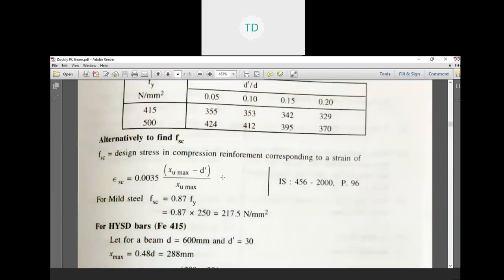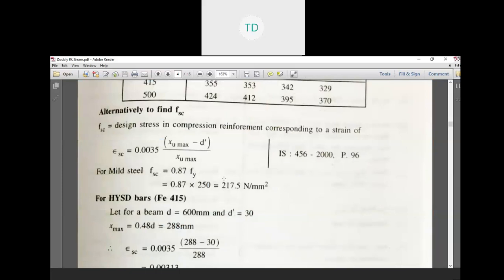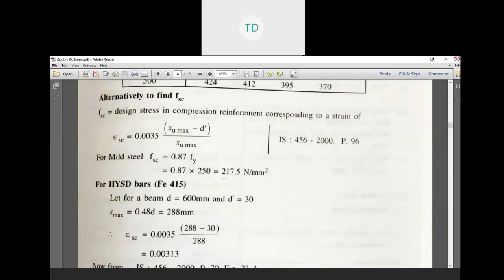Sometimes, in case we don't have SP 16, we can find Fsc alternatively by this equation.